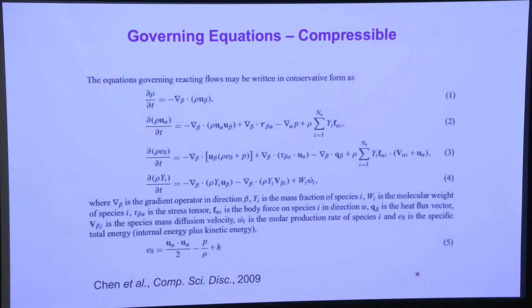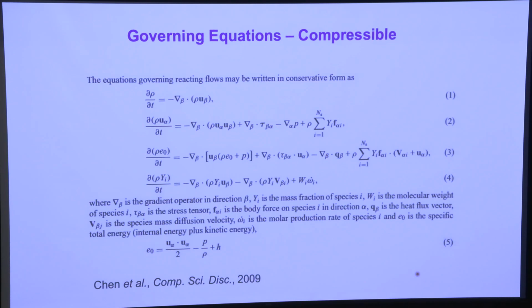Grad beta here is the gradient operator in these equations operating in different directions, beta, and Y_i in this expression in equation 4 is the mass fraction for species I. Capital W sub I is the molecular weight of a given species I. Tau beta sub alpha is the stress tensor. And then if you have any body forces on species I acting in a given direction, those are represented by F of alpha sub I. Q sub beta in the energy equation is the heat flux vector.